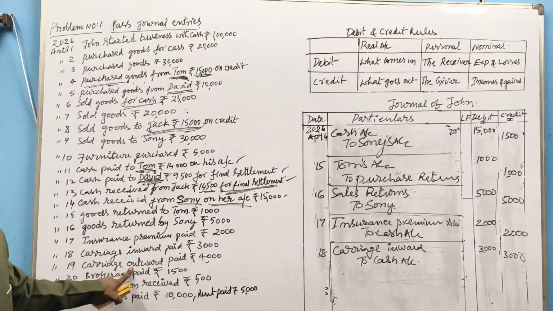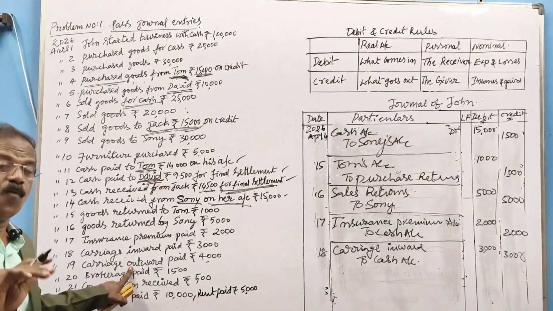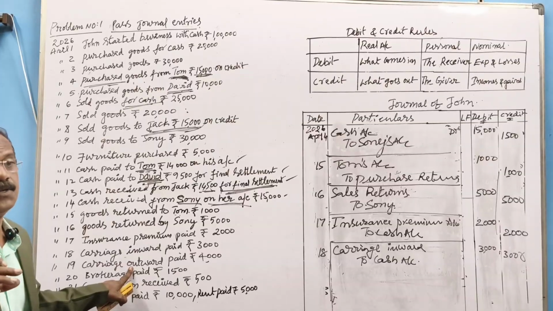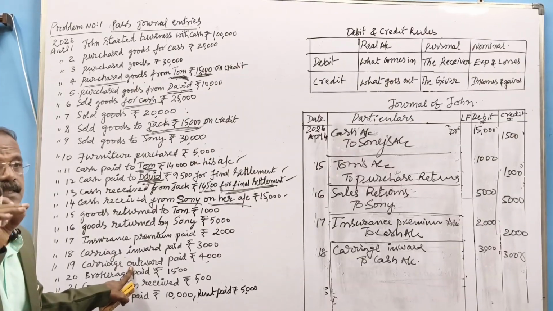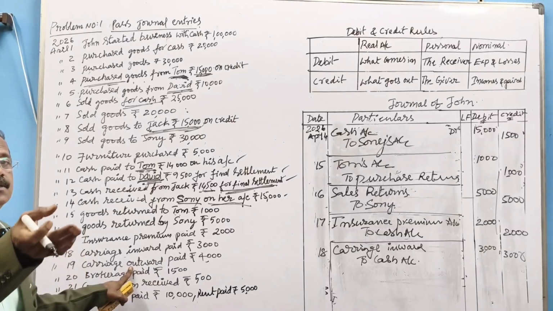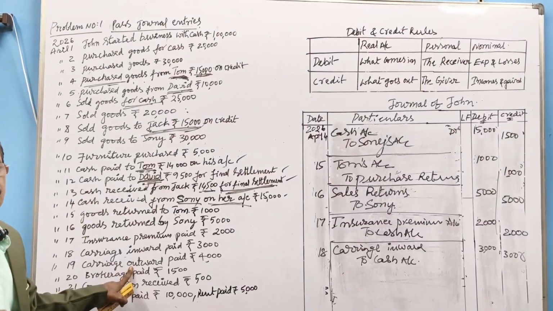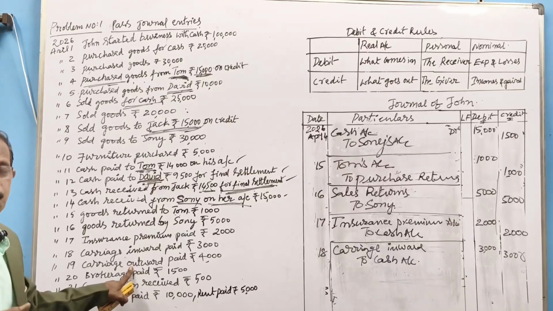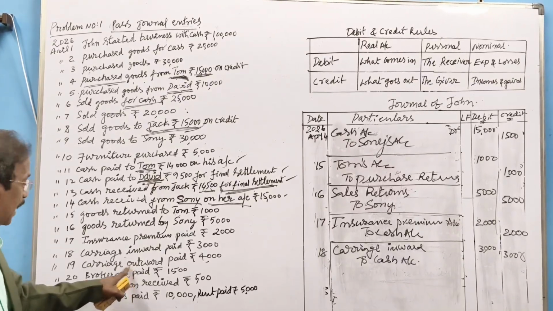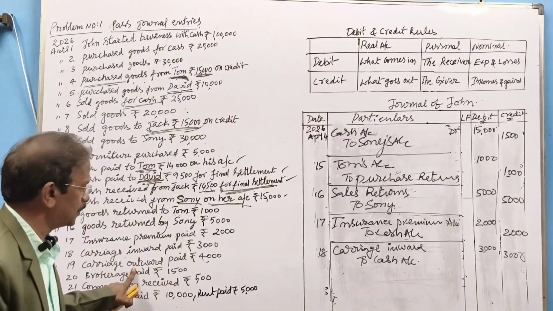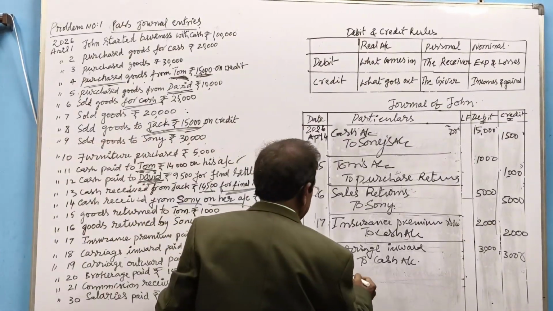Carriage outward. Carriage outward means when you sell the goods, sometimes you promise the customer to deliver the goods at their house. In that case, the carriage amount, the transport amount, what you have paid is called carriage outward for delivering the goods. Right.